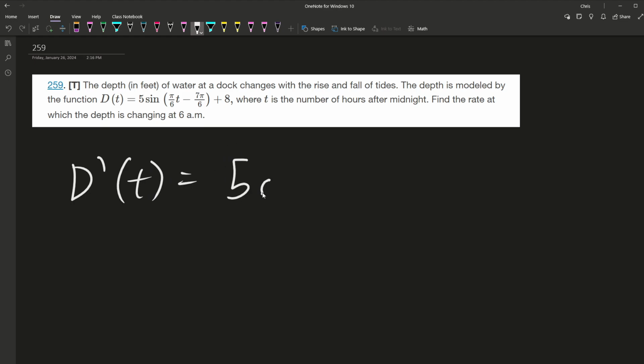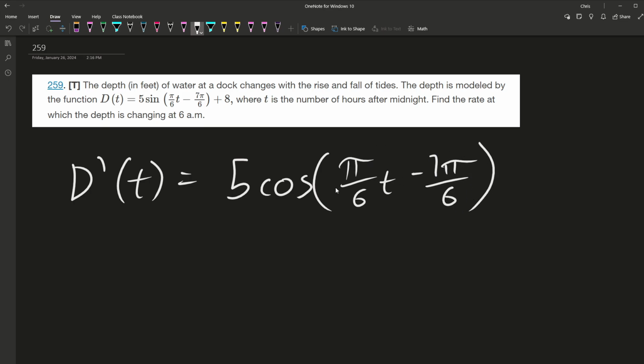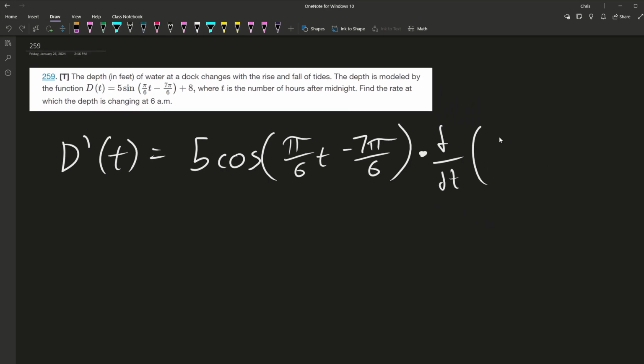This is going to be 5 cosine of pi over 6t minus 7 pi over 6. Remember that whenever we're applying the chain rule, we don't change anything inside the function, times the derivative of the inside, right? In other words, times the derivative of pi over 6t minus 7 pi over 6.